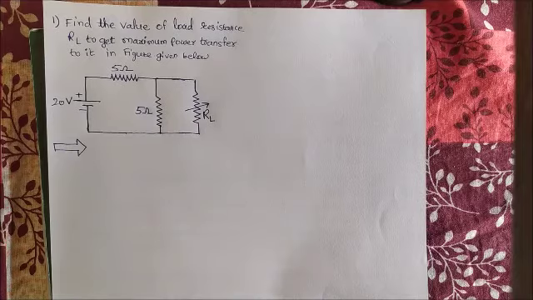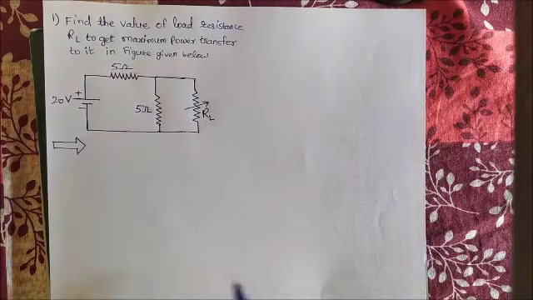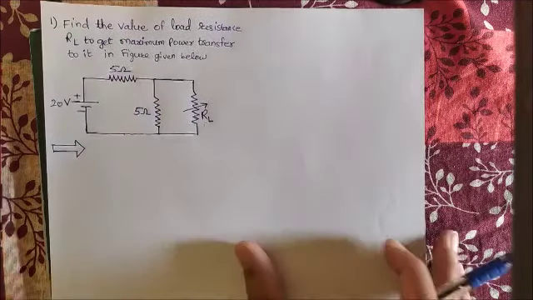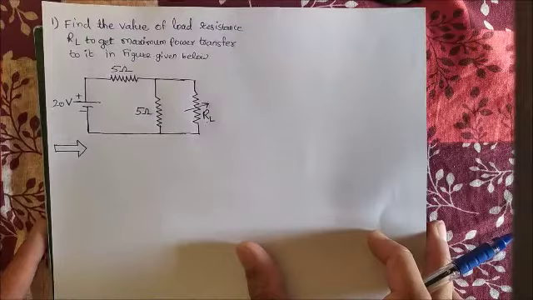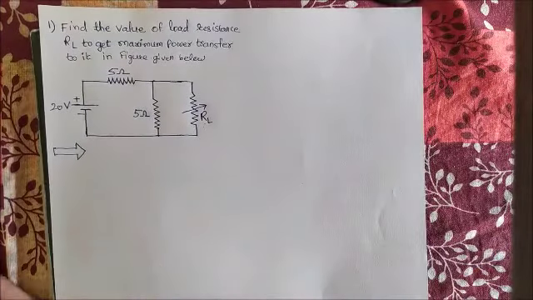So here is your circuit. The question is to find the value of load resistance RL to get the maximum power transfer to it in the figure given below. Now here we have to find the value of this resistance RL, and the condition is already given to us: the value of RL should be such that maximum power is transferred to the load resistance.